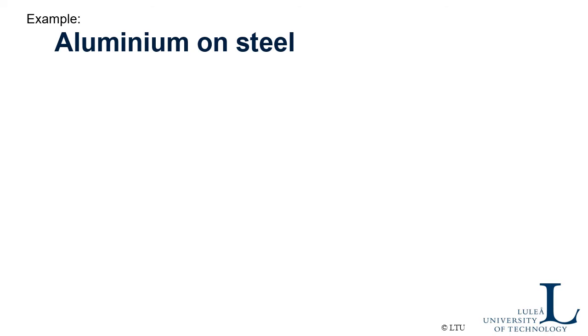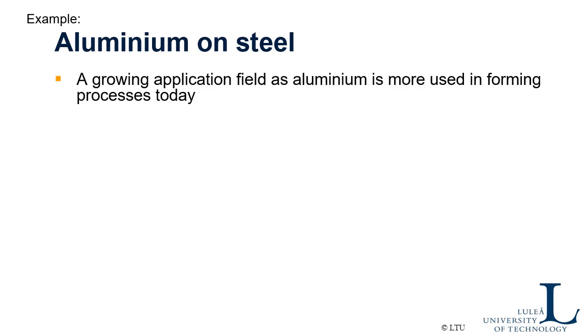We'll take a look at an example of aluminium instead. Aluminium is an important material, and its use is growing. For example, in cars, for the metal sheets of the car, you start using aluminium instead. So then you need to form the aluminium, and forming with a steel tool is very common.